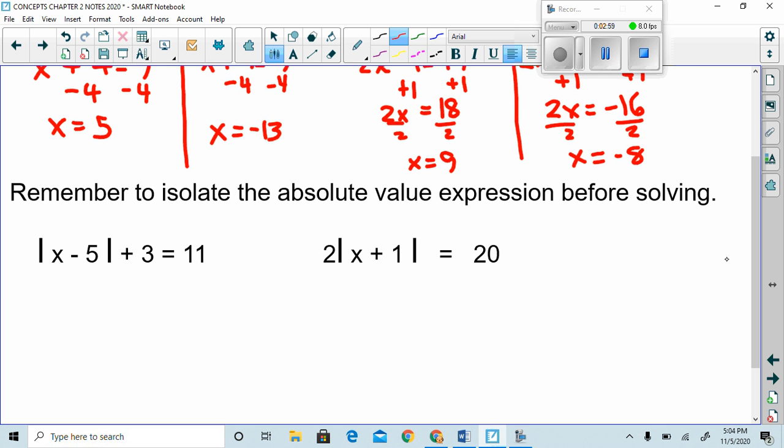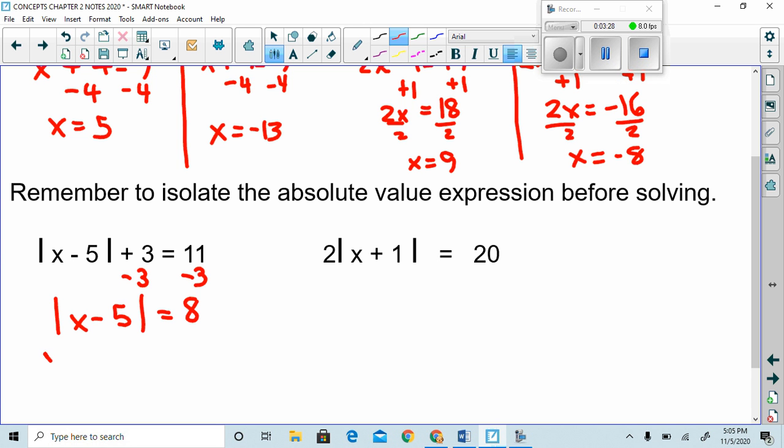The second key thing to remember when solving absolute value equations is that we need to be sure that we have isolated the absolute value expression before solving. So since there is something added after the absolute value expression, we're going to subtract 3 on both sides. I'm going to get the absolute value of x minus 5 is equal to 8.